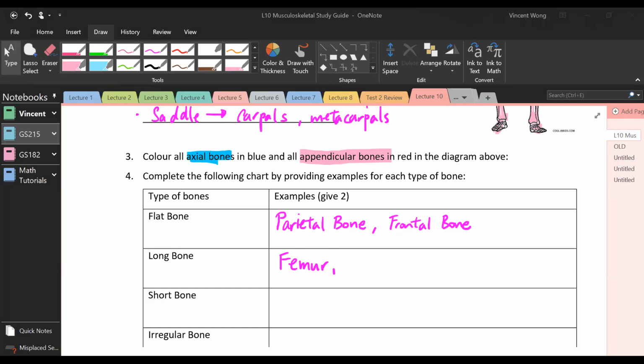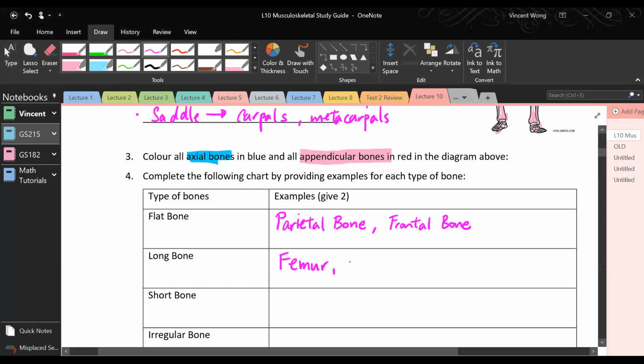Anyone can give me another long bone? So another one could be like the metacarpals, right? Metacarpals. So long bones are basically like rectangular bones where the length is longer than the width.